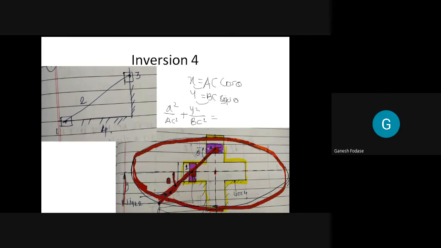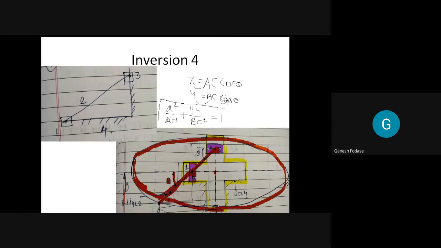Actually it is sin here, but no one told me it is wrong. Okay, by the way, it is equal to 1. The video is a little blurry, so we are not able to see. So x square upon AC square plus y square upon BC square is equal to 1. It represents the equation of an ellipse.